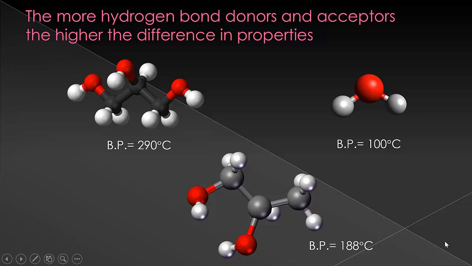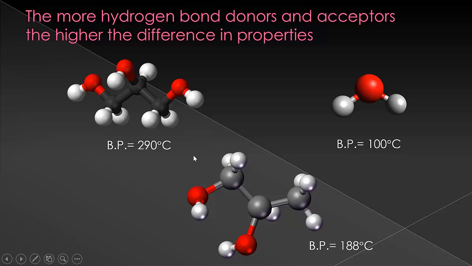So here I can go into a bit more detail on what I was discussing with the hydrogen bonds and having more hydrogen bond donors and acceptors. Let's start here with water. We're used to talking about water having a pretty high boiling point, and that's because of its hydrogen bonding. Its hydrogen bonding makes it so that it can interact strongly with other molecules, and then it holds itself together quite easily.